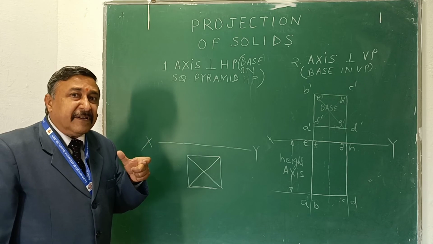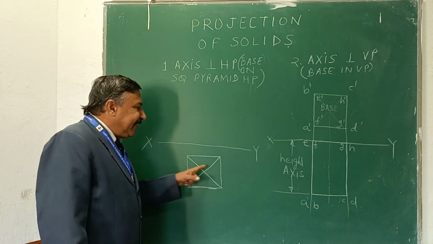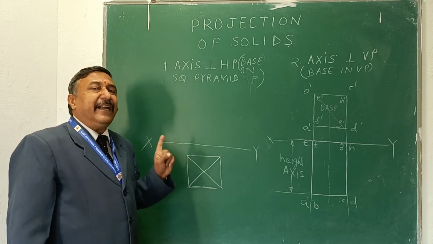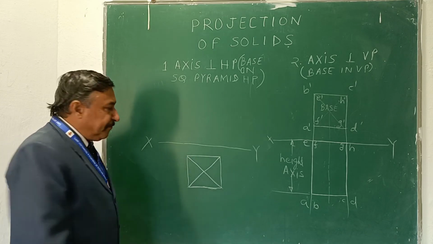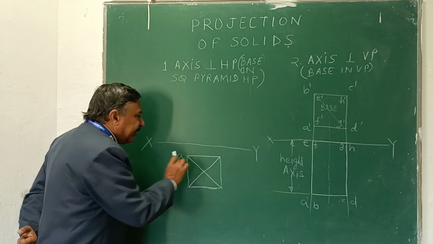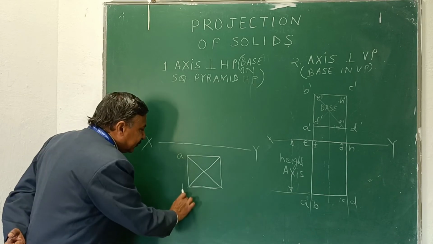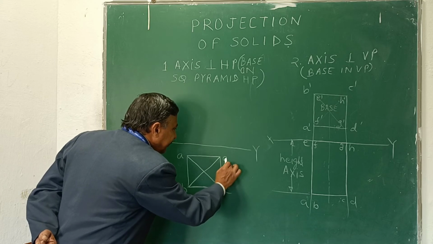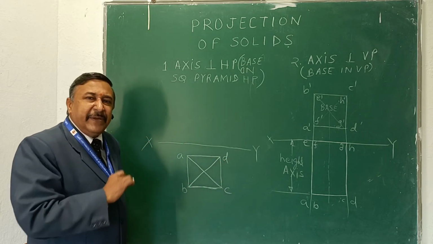These edges are called slanting edges of pyramid. There is only one base in pyramid, so names in ones only.